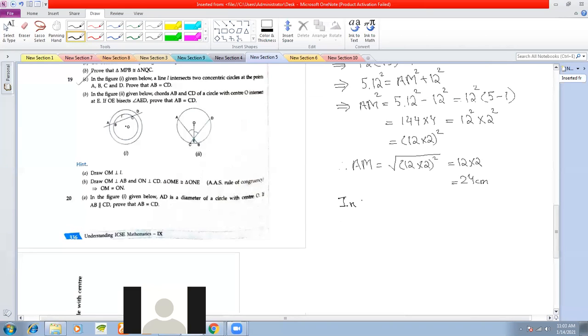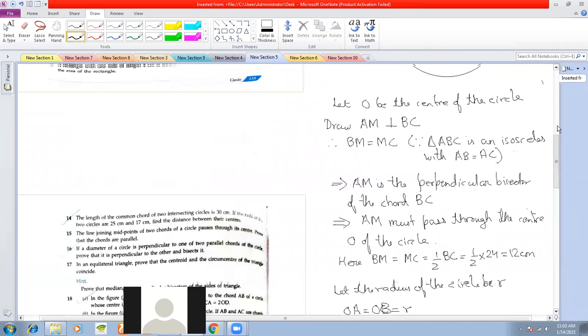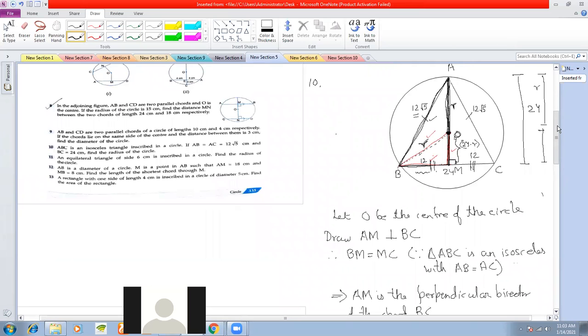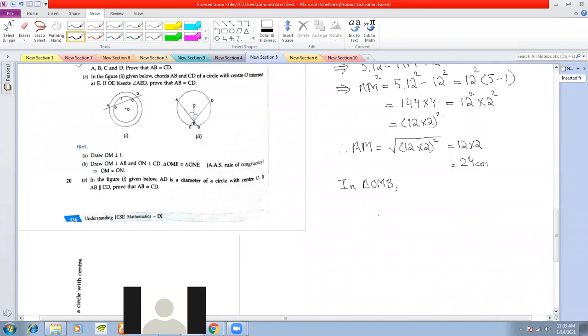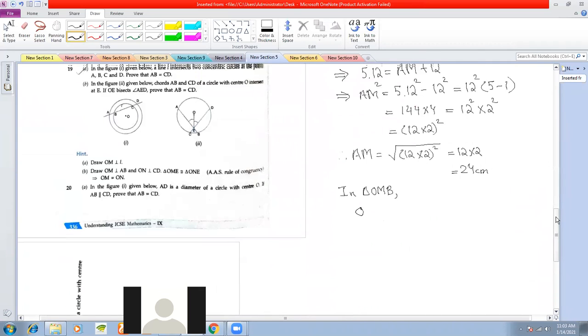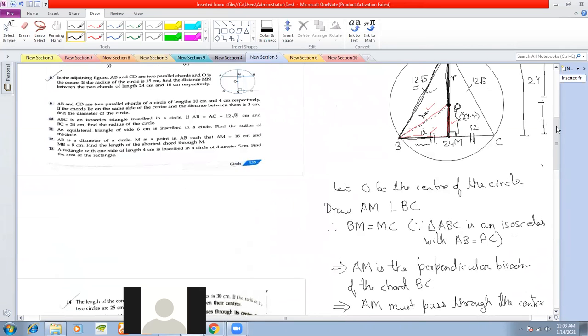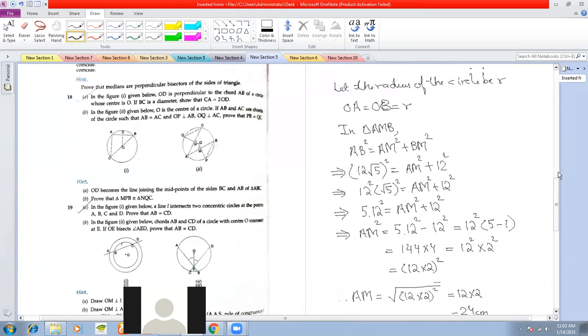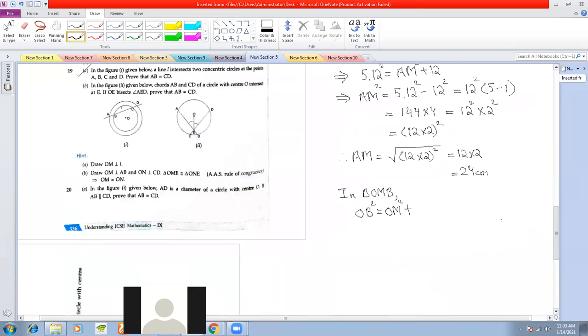in triangle OMB, you have OB square, which is the hypotenuse, is equal to OM square plus BM square. We have OB square is equal to OM square plus BM square.